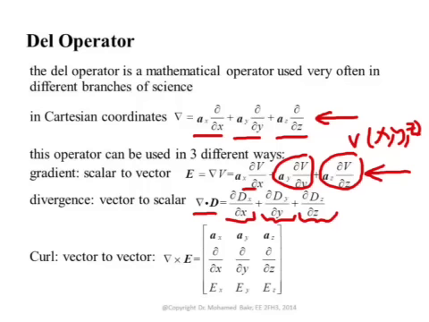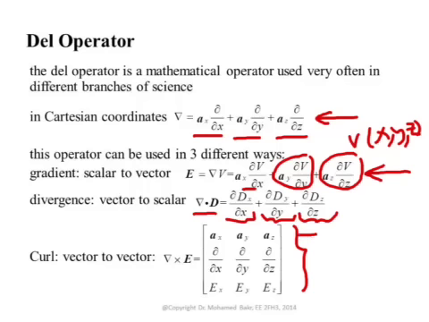The last form that I'm showing you here is all in Cartesian coordinates, but of course in spherical and cylindrical they have a completely different form. And you don't have to memorize that, you just have to keep them in your cheat sheets. So here we have the curl of a vector. The curl of a vector takes a vector, E, and results in a vector as well. And as you can see here, it forms a determinant.